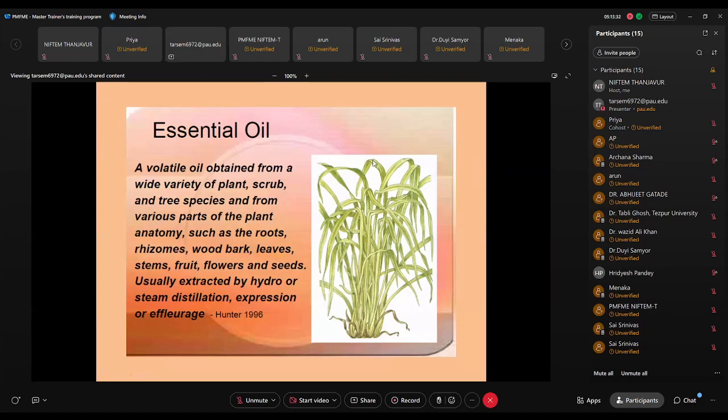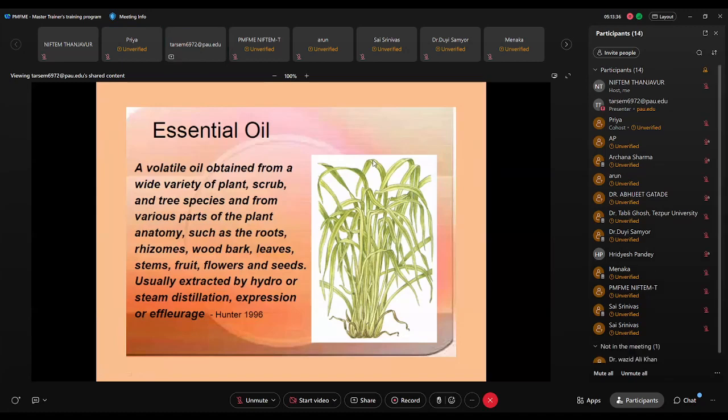So what are the byproducts? Most of these natural byproducts contain volatile oil. It can be from plants, shrubs, tree species, from the various parts of the plants. It can be from the roots and rhizomes, like turmeric is a rhizome and we get essential oil from turmeric, or from woodwork, and leaves like eucalyptus leaves.